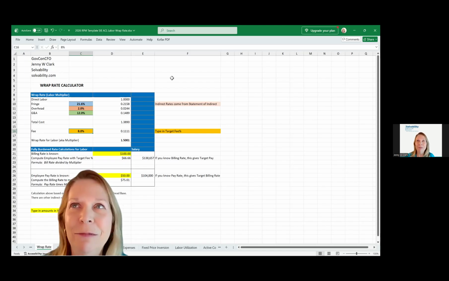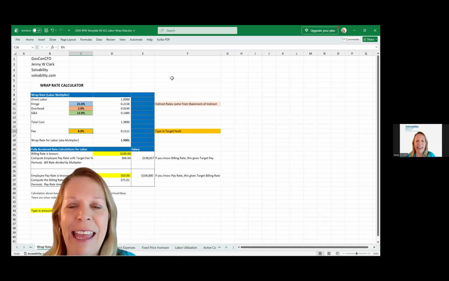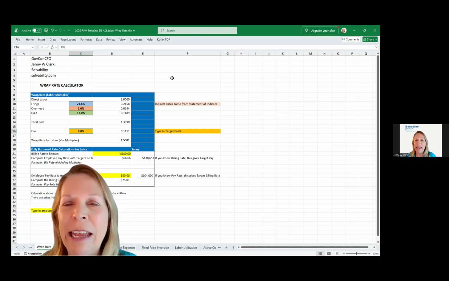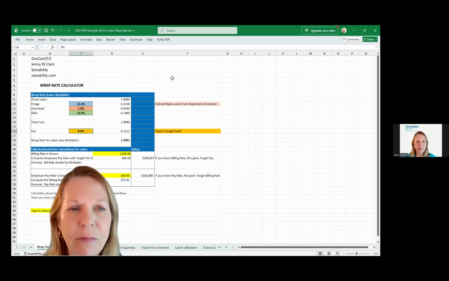They don't call it profit, they call it fee, but it's the same thing. And with that, there are kind of going rates for fee depending on the type of contract. Cost plus contracts go from 6 to 8%. T&M might be 8 to 10, fixed price might be 10 to 12, and it could be all over the place, but you want to know what those percentages are as you're learning how to apply this.